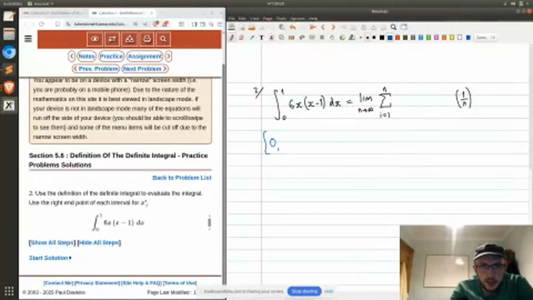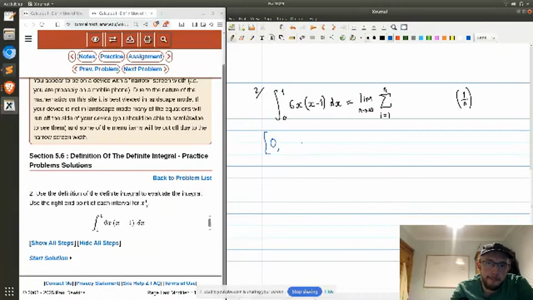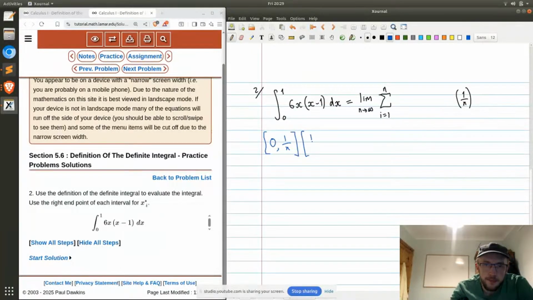You start up with 0, comma. I don't know why I'm overthinking this. 1 over n, surely. 1 over n, 2 over n, and so on.